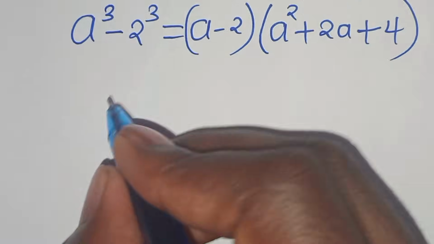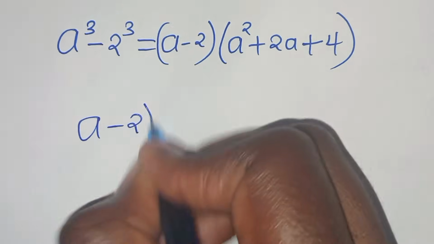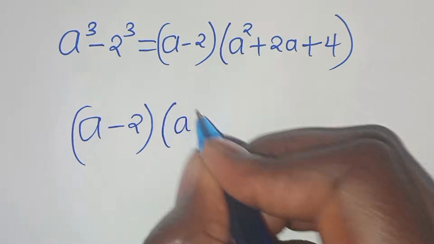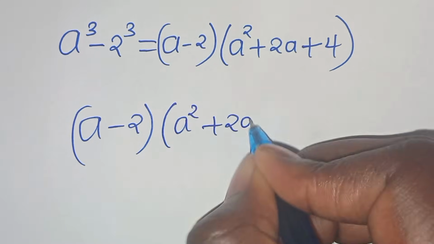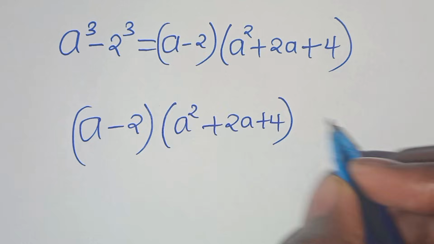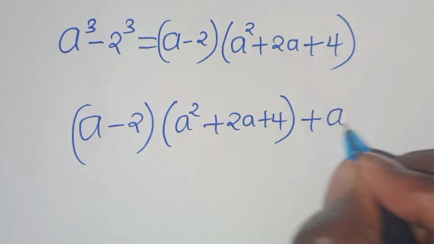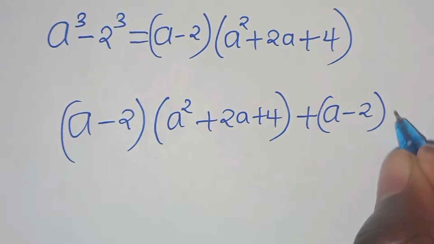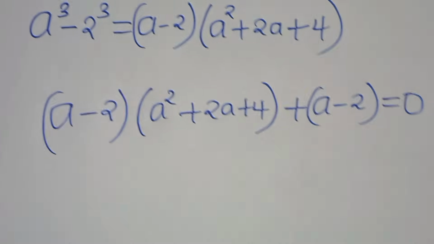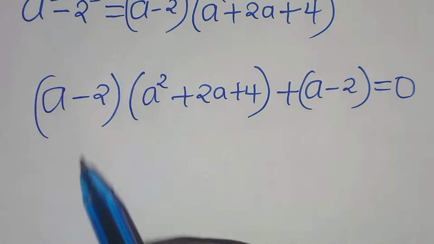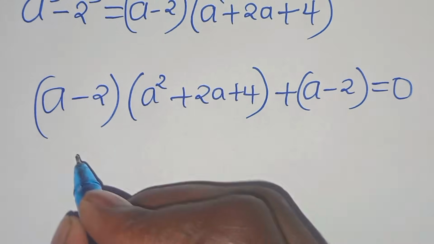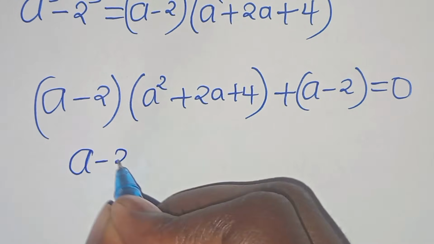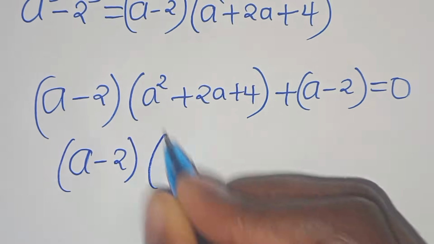Now therefore this implies that we have a subtract 2, a to the power of 2 plus 2a plus 4, then plus a subtract 2, equal to 0. We have that a minus 2 is common here, so we can factor out a subtract 2 into the parentheses.